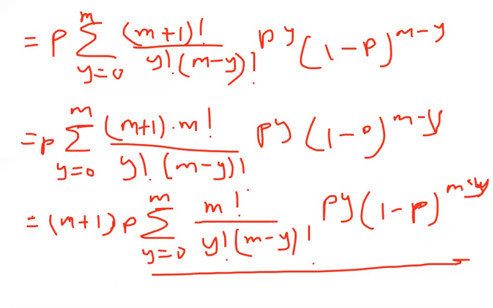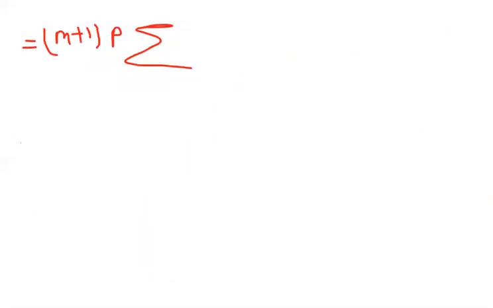M combination y. So that means I'm going to have y equals 0 up to m, then m combination y multiplied by p to the power y, and then 1 minus p to the power m minus y, okay?